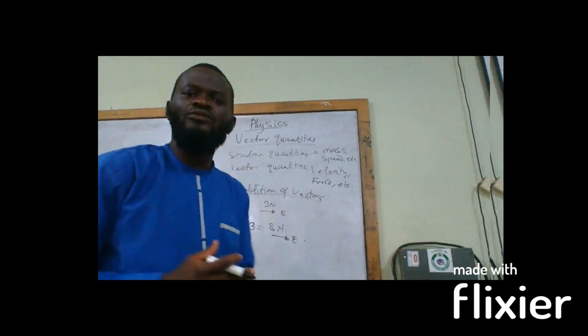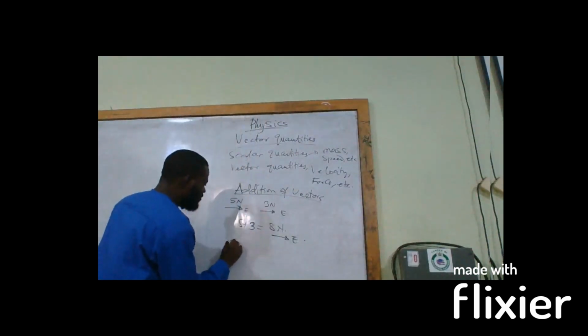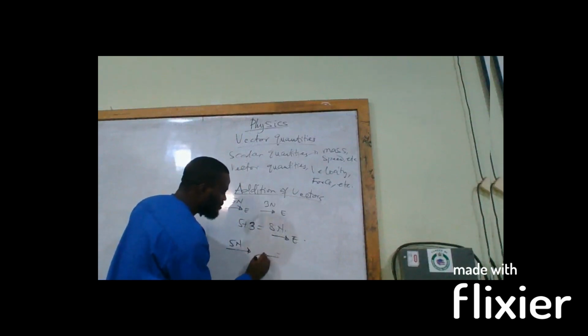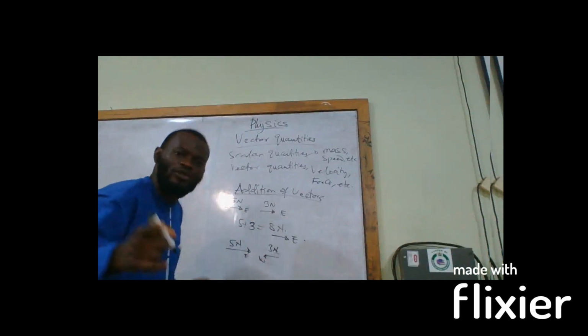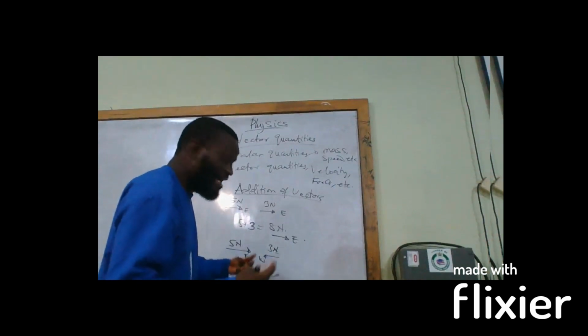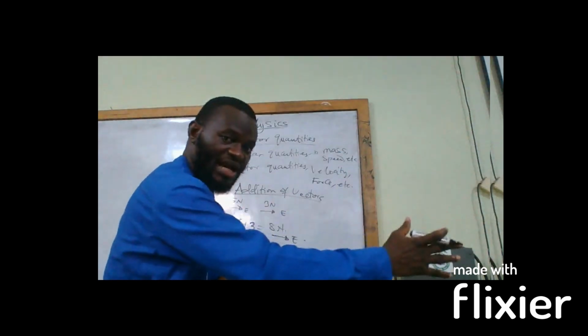What if you have two vectors acting in opposite direction? Let's say our 5 Newton acting towards the east, 3 Newton acting towards the west. This is east, this is west. If you want to add the two vectors together, what do you do? Now, since they are acting in opposite direction, you have 5, which is bigger than 3.